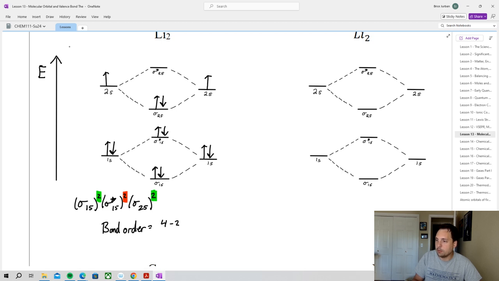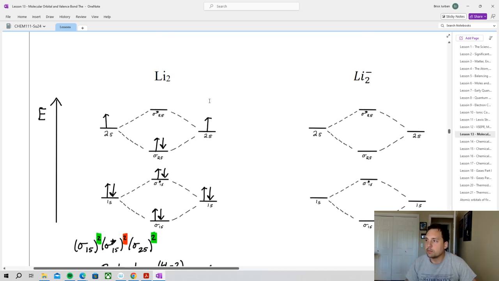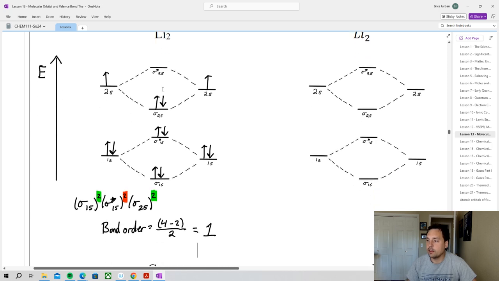So that gives us a bond order of 4 minus 2 divided by 2. Oh, actually, sorry, this gives us a bond order of 1, not 1/2. So here we have a bond order of 1 for the molecule of lithium, molecular lithium.